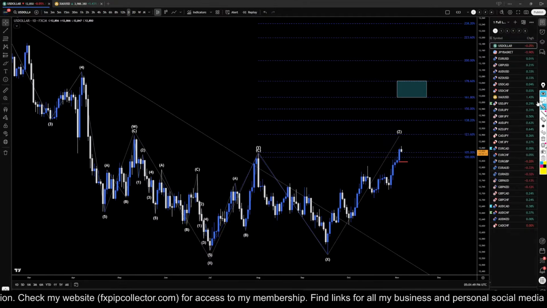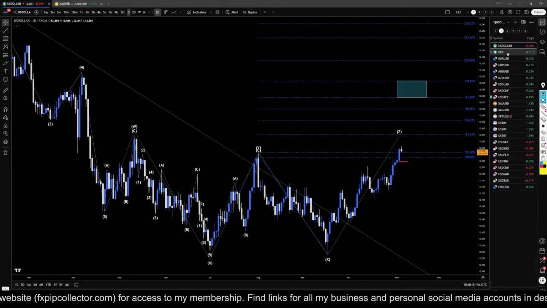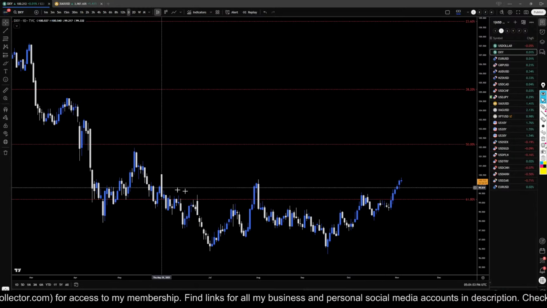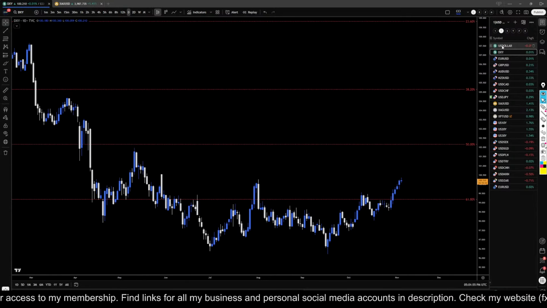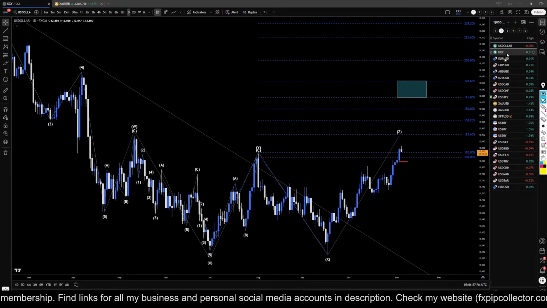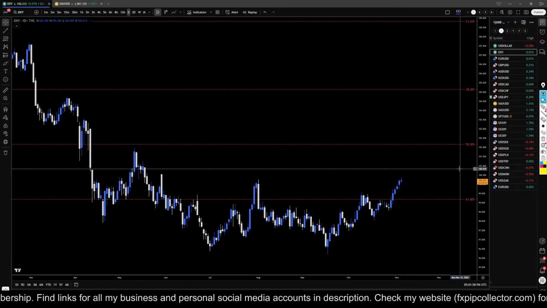I always analyze the US dollar index because it is equally weighted, but there's very little difference between the DXY and the US dollar index. They are very, very similar patterns. I just prefer the US dollar index because it is equally weighted across five or six US dollar pairs. The DXY is not equally weighted.